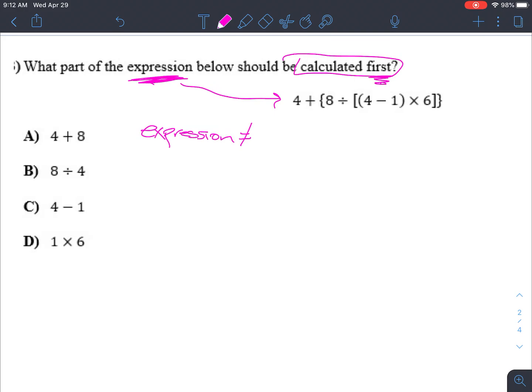I'm going to go ahead and cross that out so that we can clearly see an expression does not have equal signs. And when we look at this expression, that's true. On the other hand, an equation does have equal signs. This is not an equation because there aren't any equal signs.